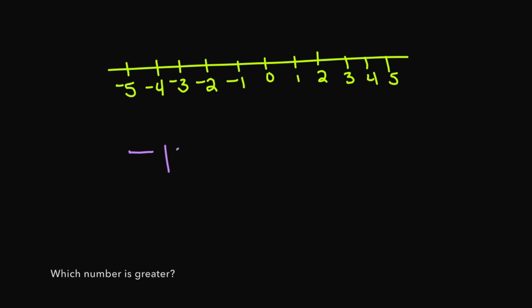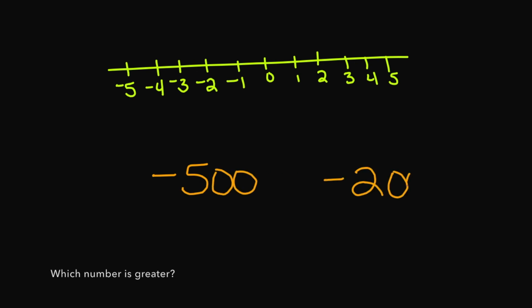What about -100 and -1000? Which number here is greater between the two? The number that's greater is going to be -100 because remember, -100 is closer to 0 than -1000. What about -500 and -200? Which number here is greater?